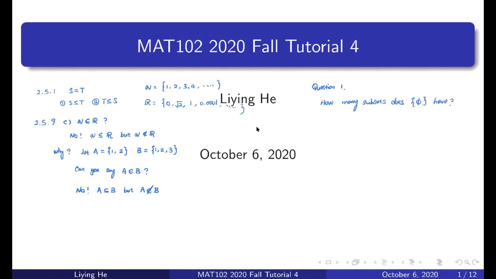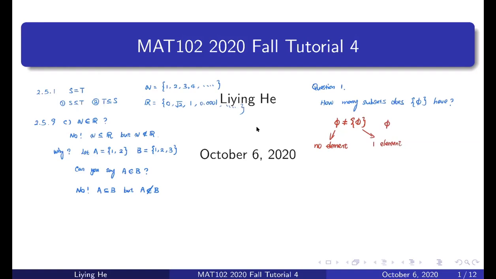Before I do that, let me ask you, is this the same as the empty set? No. The empty set and the set of the empty set are not the same thing. This is called the empty set, which means it has no element in there. It's empty. But this one has one element, which is the empty set.